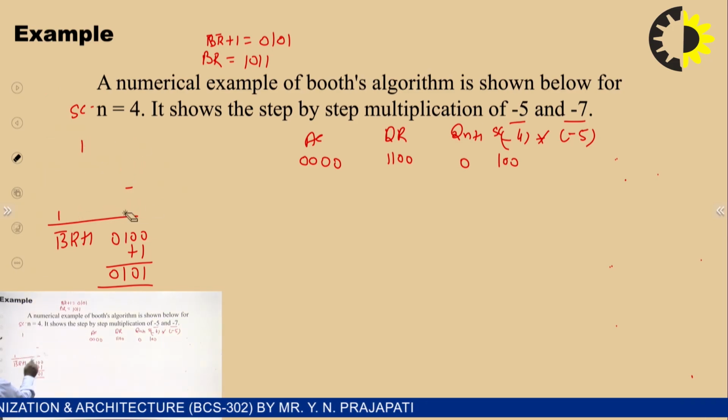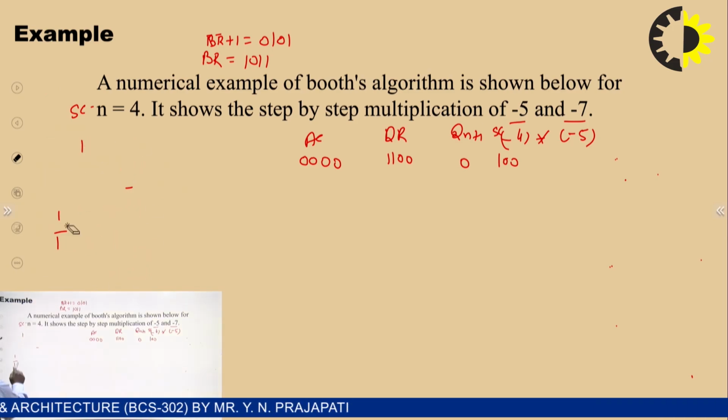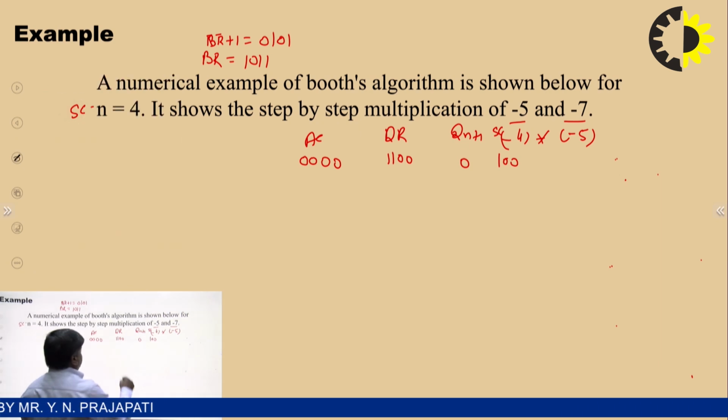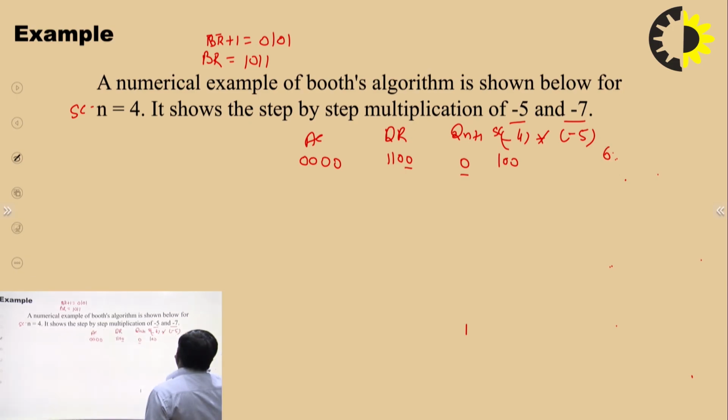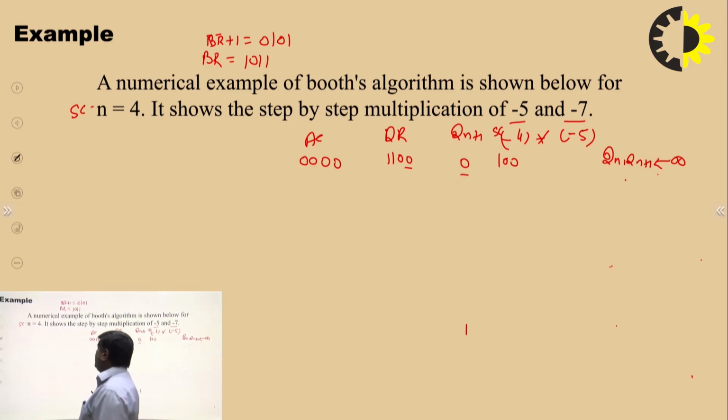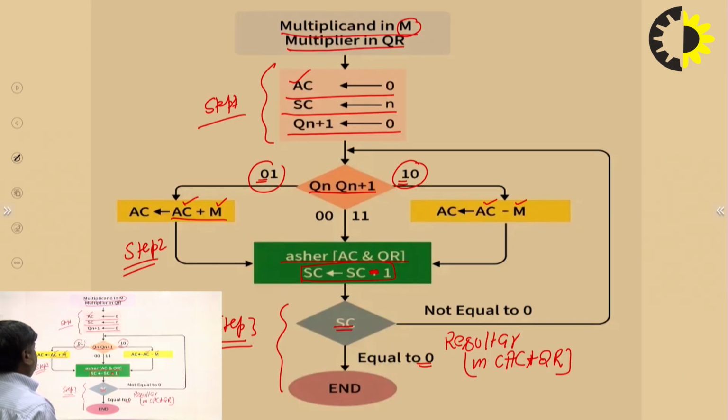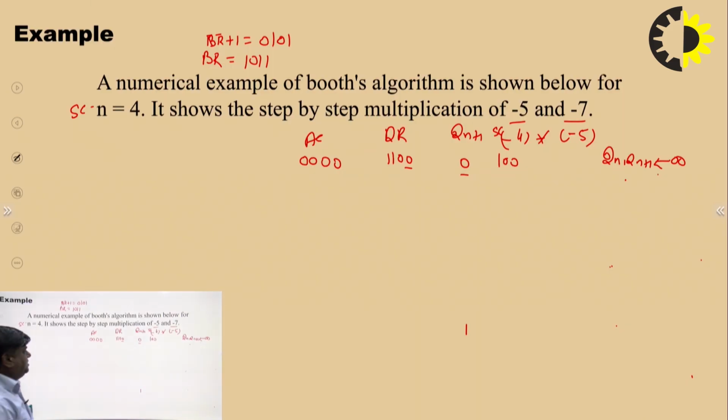That is very simple. We check the Qn and Qn plus 1. In starting Qn and Qn plus 1 are 0, 0. Now Qn and Qn plus 1 that is 0, 0. For this 0, 0 we simply perform the arithmetic shift and SC is equal to SC minus 1.